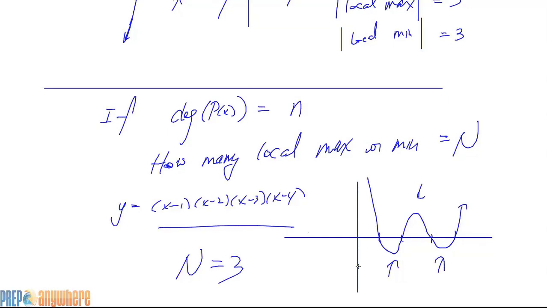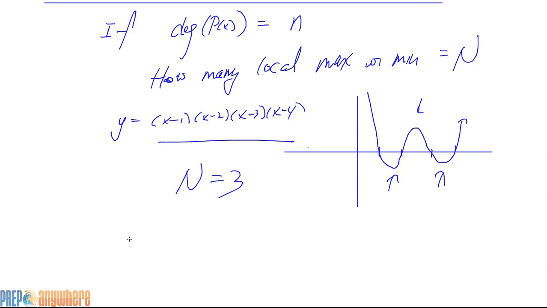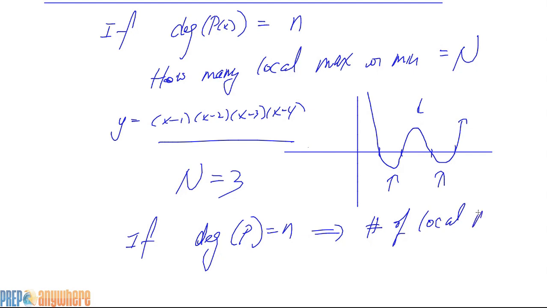So we say this: if the degree of polynomial is n, then the number of local max or minimum is less than or equal to n minus 1. So if it was 3, it's at most 2. If it's 10, it's at most 9.